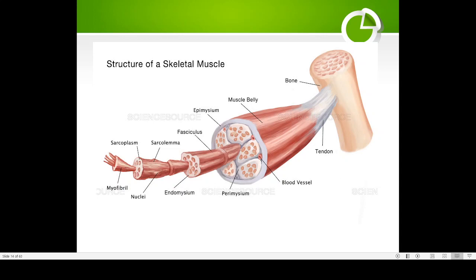This is how the structure of a skeletal muscle is arranged. On the outermost, we find the entire muscle covered with the epimysium. Then we have muscle bundles which we call fasciculus. Each fasciculus will be covered by a perimysium.